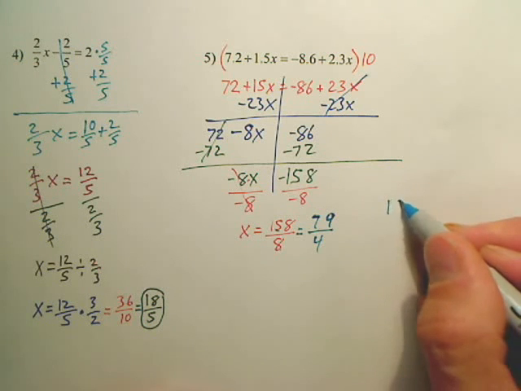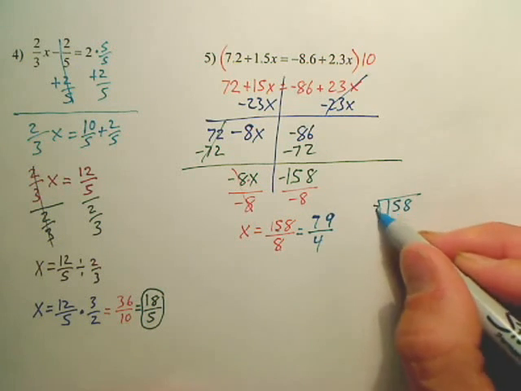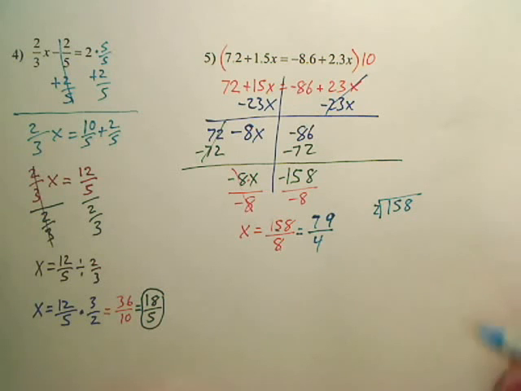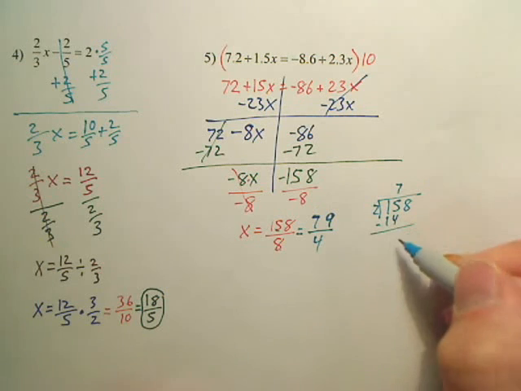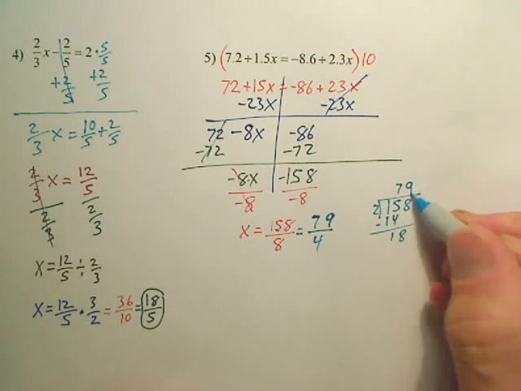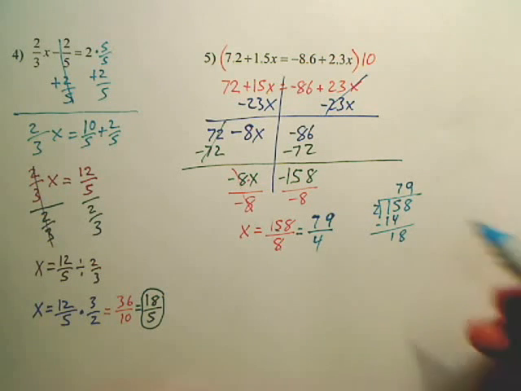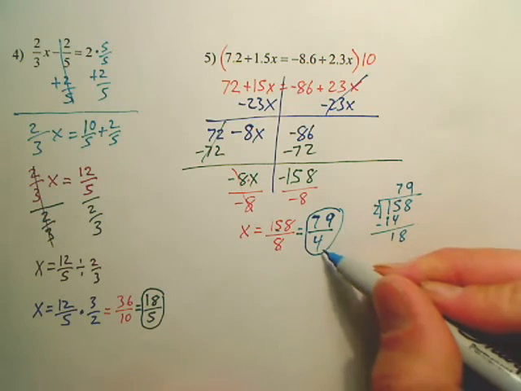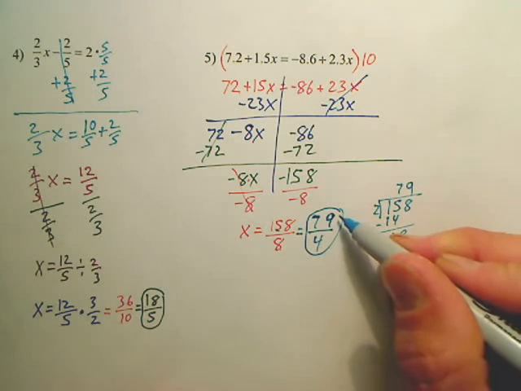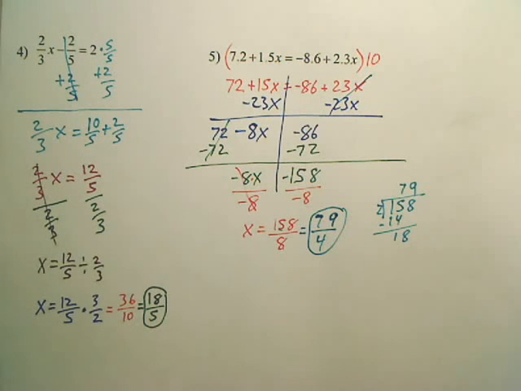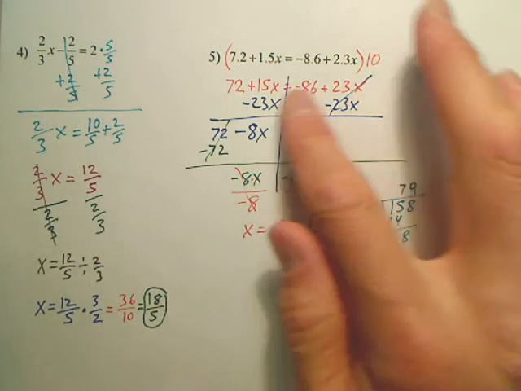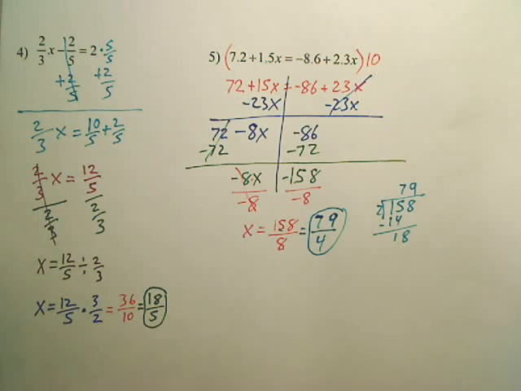Let's just try. 158 divided by 2. 2 goes into 15 7 times. Is that 79? Okay. And 9, will 2 or 4 go into a 9, an odd number? No. So we're done. Now, that is a lot easier, I would think, by getting rid of the decimals. Makes life a lot easier.